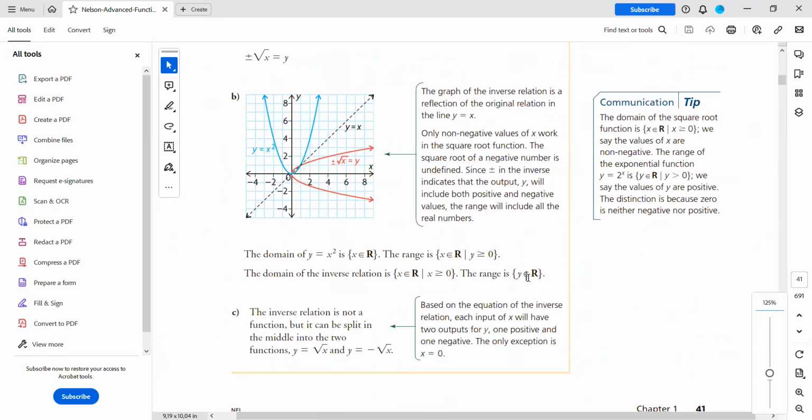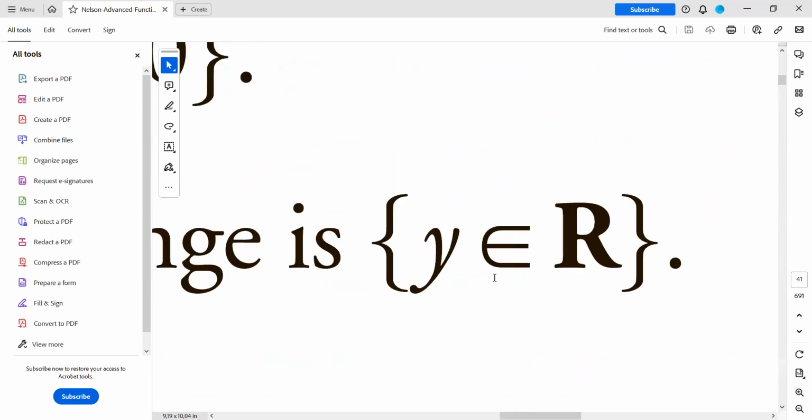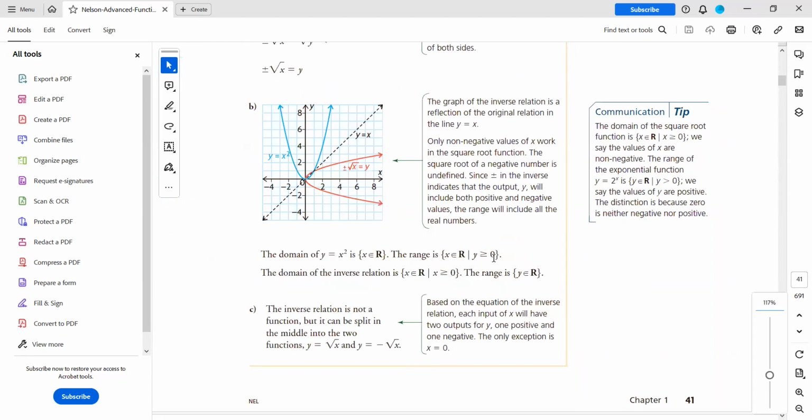And the range is y ∈ R. y can take any possible value. Basically, you can see that the domain and range for these two functions are somehow common. But they have an inverse relationship, basically. Their domains are also inverse.